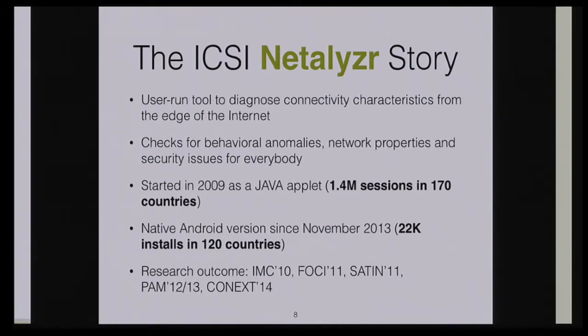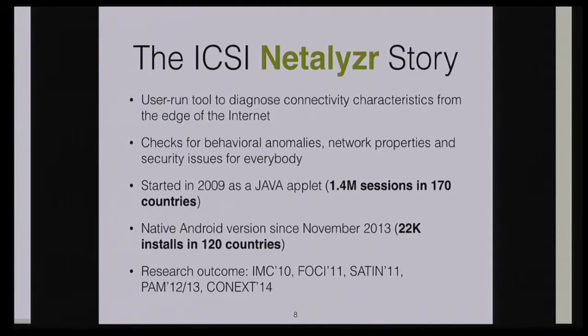And since 2009, Netalyzr was run more than 1.4 million times in 170 countries. So this basically covers almost every single ISP in the world. And as our initial deployment was based on a Java applet, we could not penetrate mobile networks as it was running on the browser.